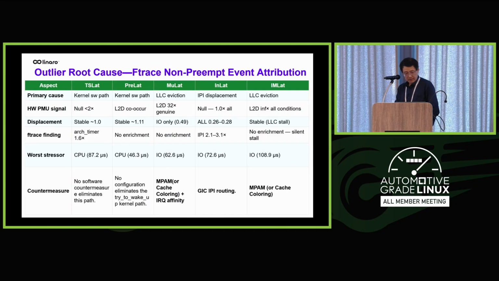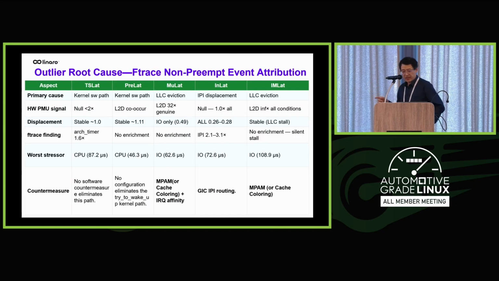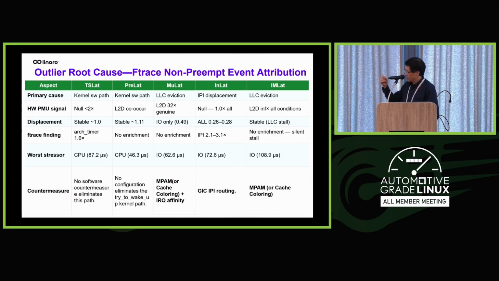Okay, hold on. So this slide provides a total of 5 metrics, showing how we establish the root cause; each outlier pinpointed a different kernel noise in each case.